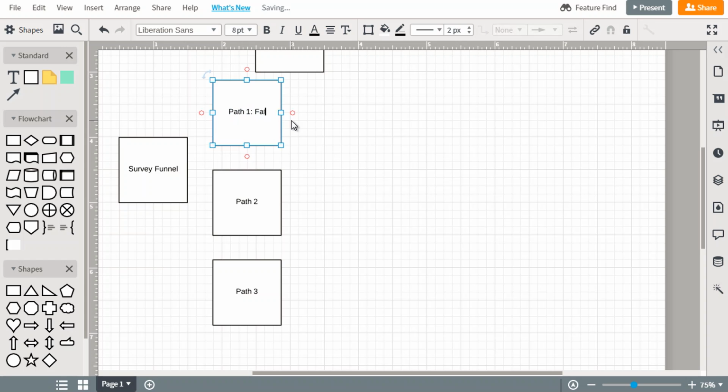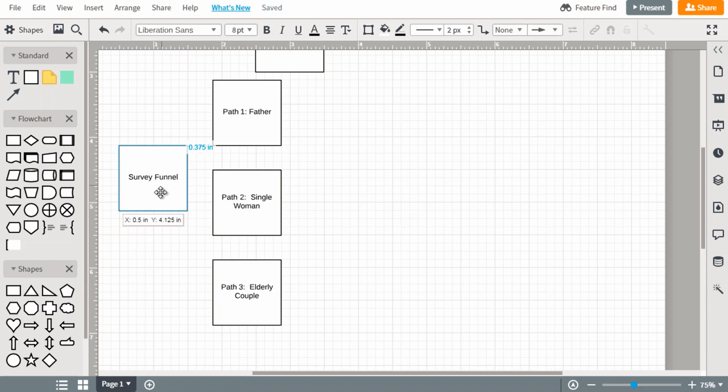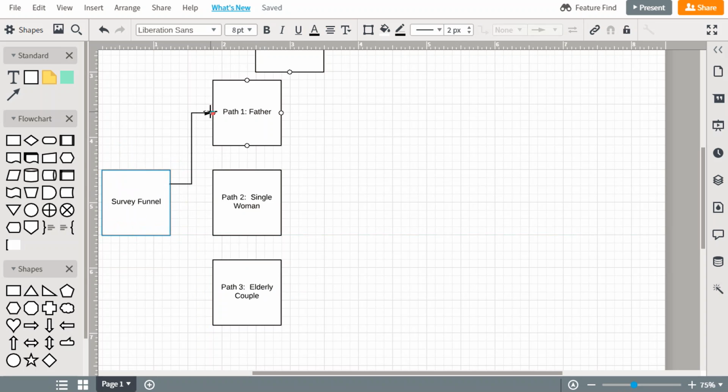And remember, we discussed there was the father, there was the single woman, and the elderly couple. So we're going to move this down here. This is the survey funnel. And there we go. So 1, 2, and 3.